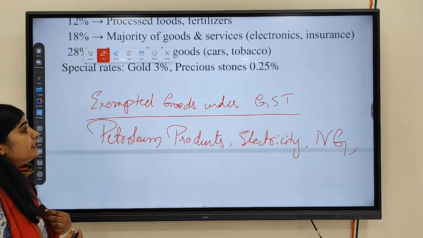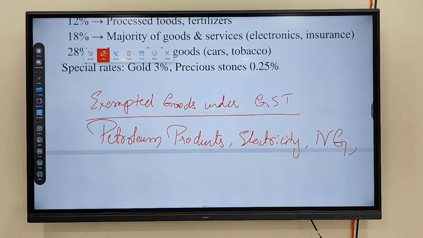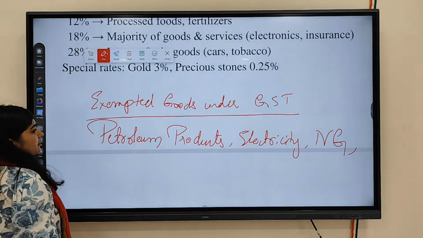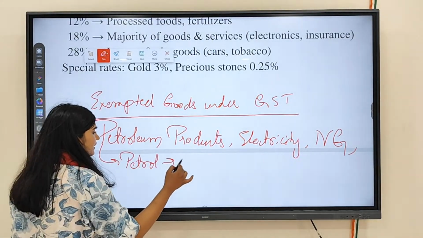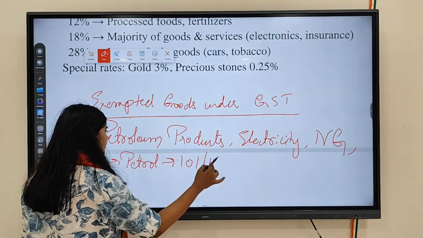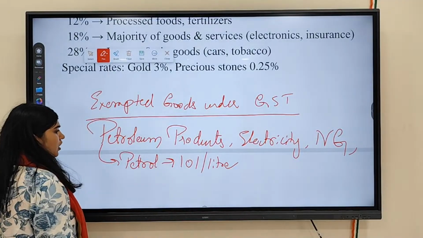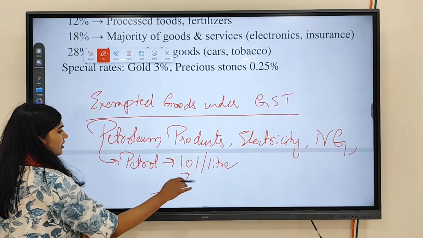Why didn't they add it under GST? Because the rate might get decreased. What is the petrol rate now? 101 rupees per liter. And how much tax will they collect from 1 liter?